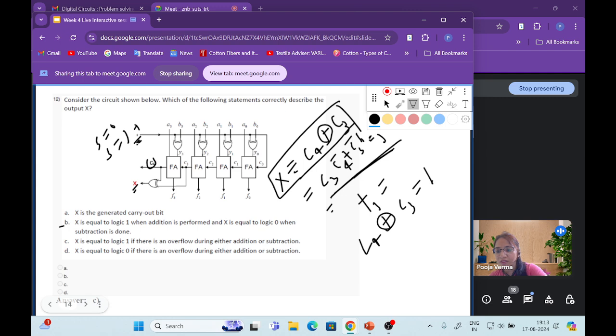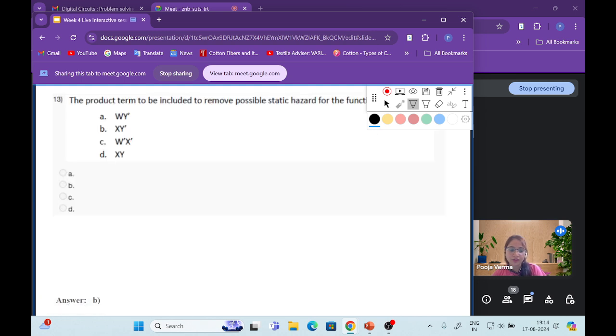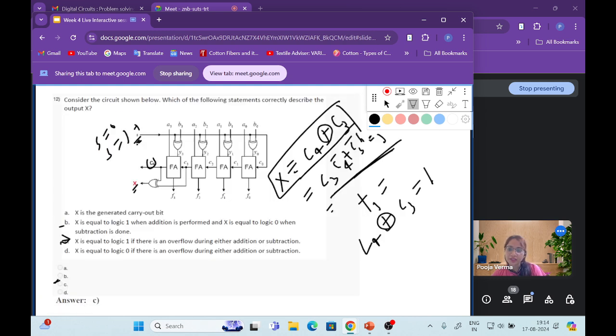So option C is the only correct option. If x is logic 0, there will be no overflow during either addition or subtraction. So the only possible correct option is option C. Whether you perform addition or subtraction, the logic will be 1 for overflow to occur.